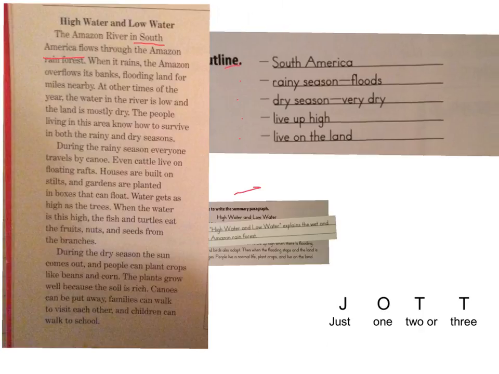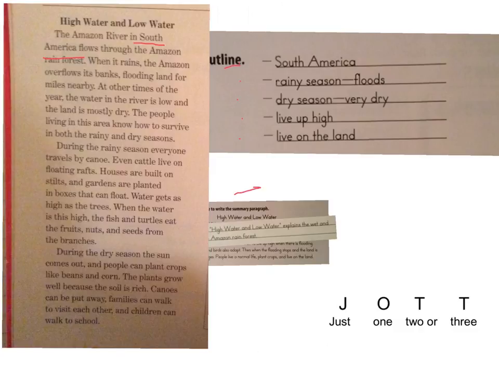Our last phrase, and funny that I'm jumping down to the last, but there's a reason for that, is going to be the end idea. And the end idea is that people live on the land during the dry season. So let's go back up. We've got South America. And now what comes after South America?